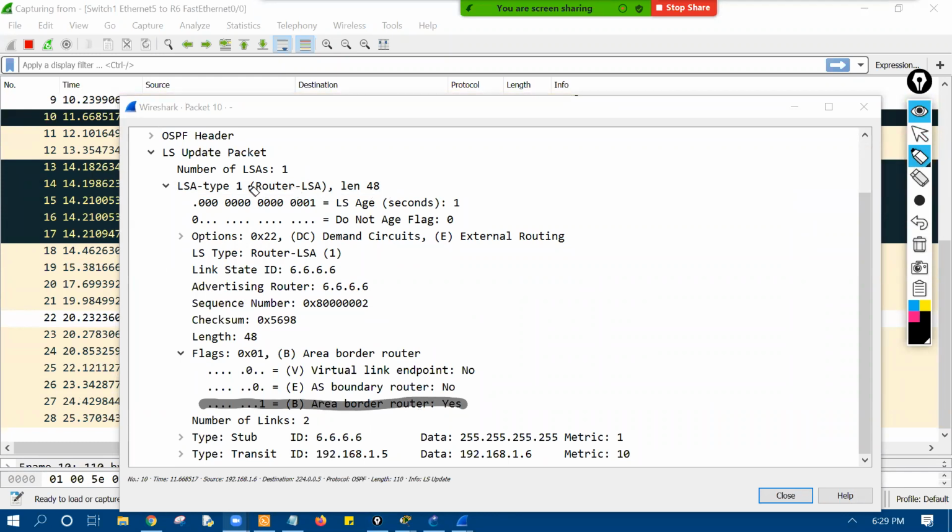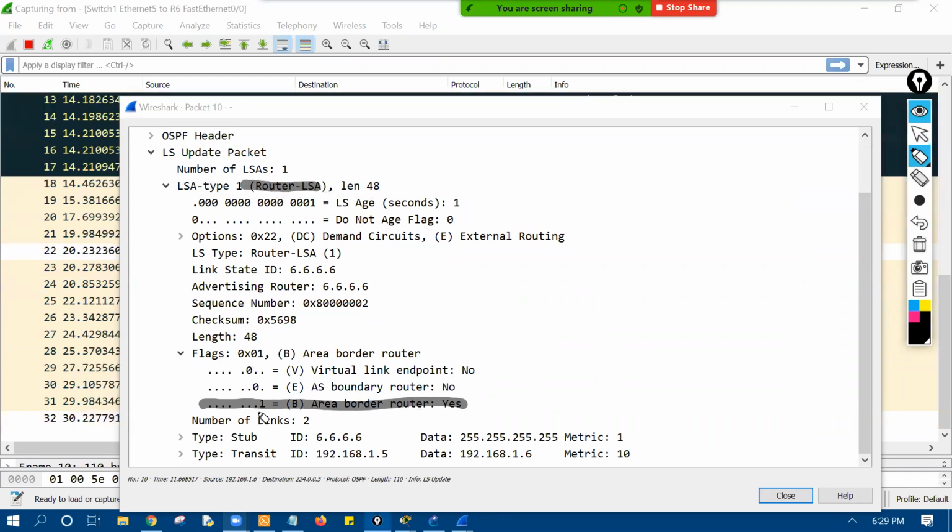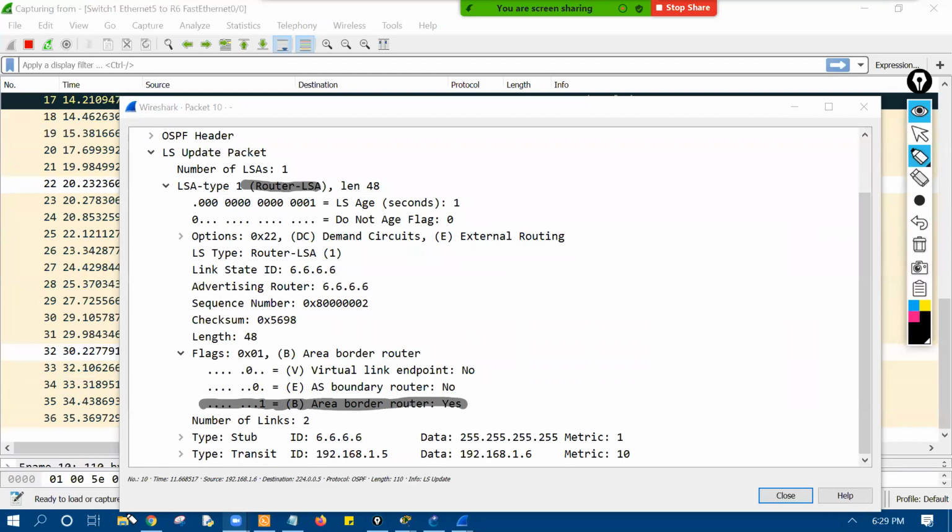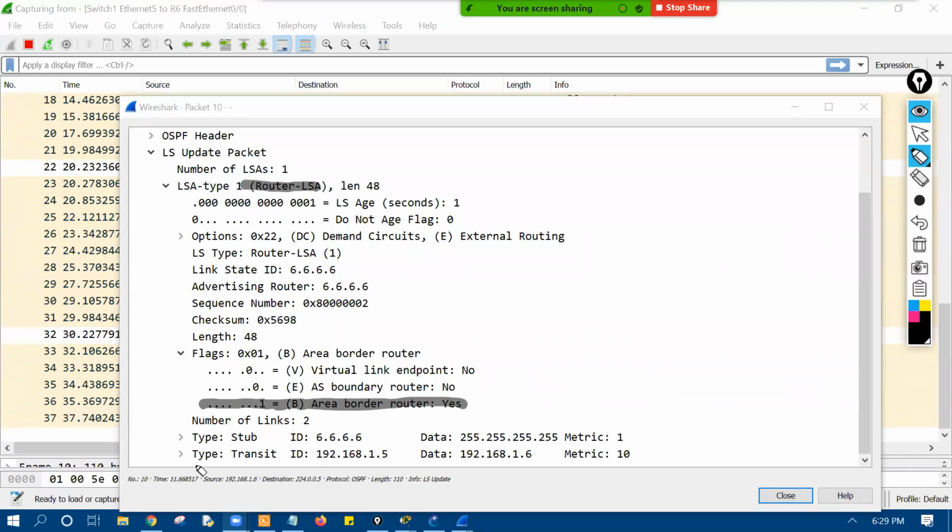This is the router LSA, and the router LSA is advertised by whom? The ABR router, and that's why the flag is on over there. I told you that in the last section. I'll teach you this thing during the classes. Once I teach you the virtual link and the ASBR concept, then I'll show you this flag. Right now the ABR is there, that's why I show the flag.